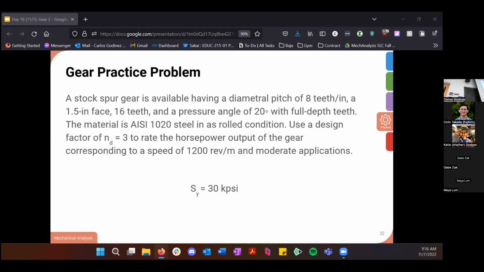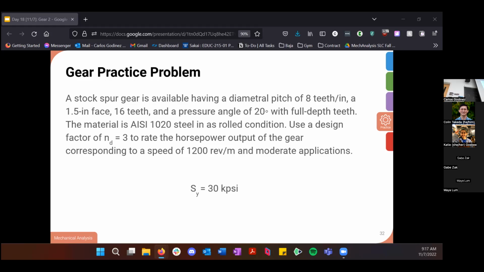Okay, and then you go to our speed thing. Where is that? And this one.